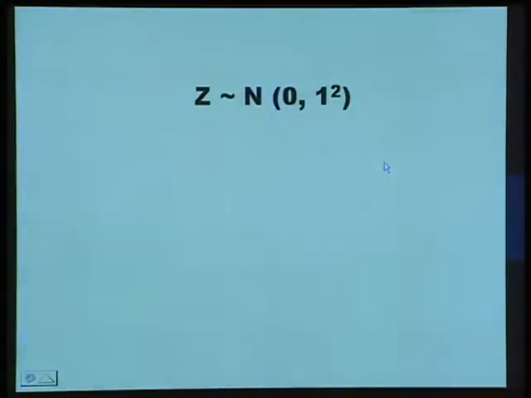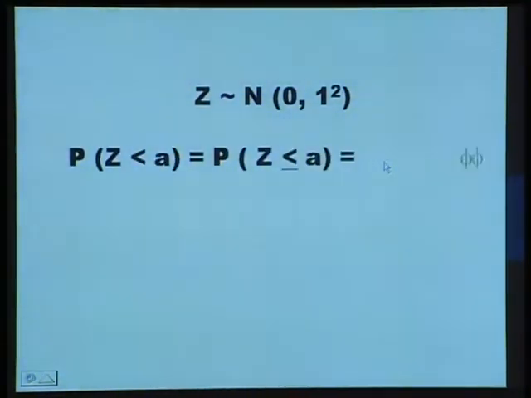We summarize the properties of the standard normal variable here. Probability Z less than a is the same as the probability Z less than or equal to a, because Z is a continuous random variable, and it is phi(a).